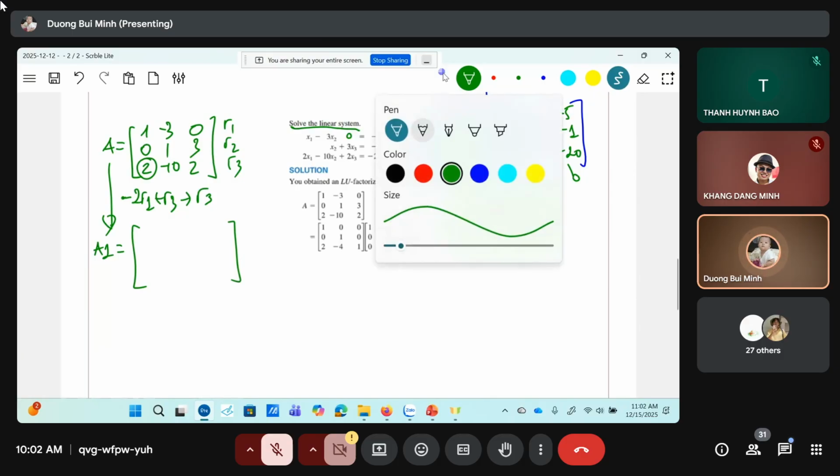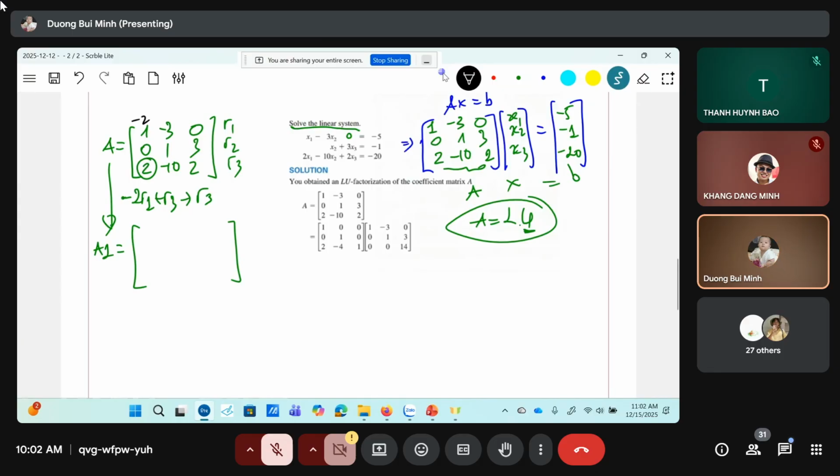So here is -2 times R1: -2, 6, 0. And then this one plus this one, so you get here 1, -3, 0. Just keep it 0, 1, 3. So this one plus this one, you get 0, 6, -10. You get -4, and 0 plus 2, you get 2.